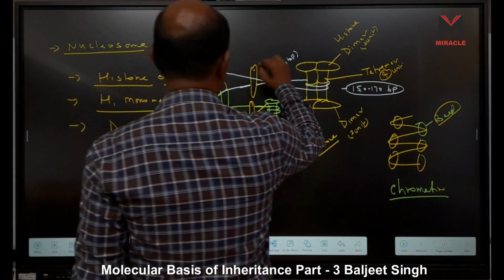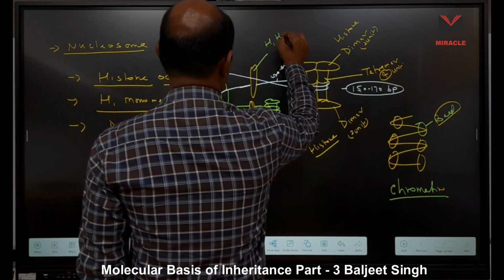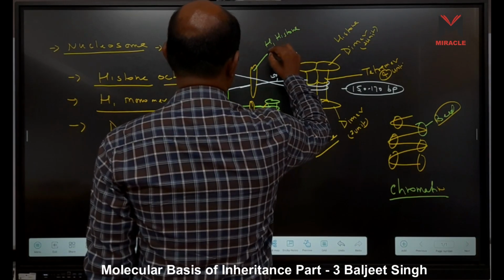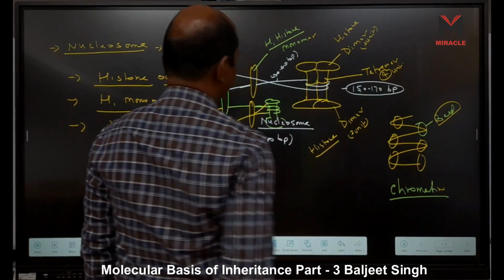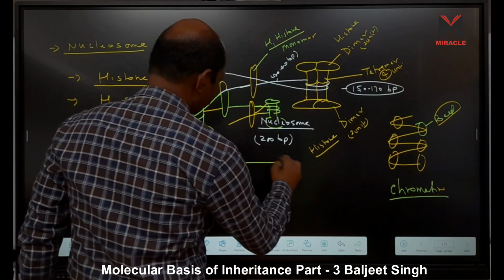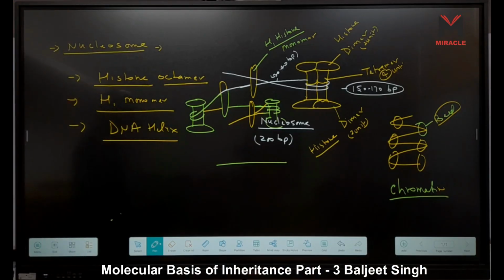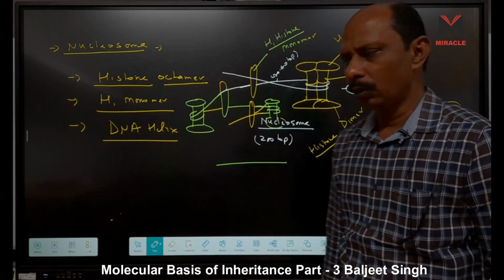This one is H1 histone, and this is a monomer. Okay, so this is the structure of a nucleosome. Do you understand how a nucleosome is formed? And that is called packaging of the DNA molecule. Okay.